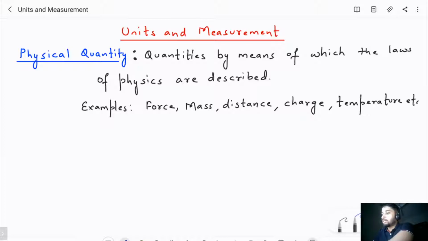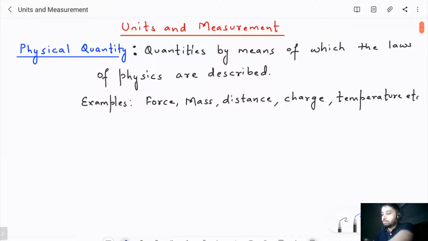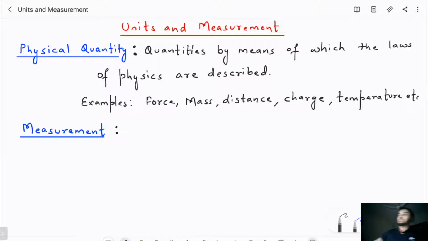Okay, next let us understand measurement. Measurement is basically the process of determining how large or small any physical quantity is.